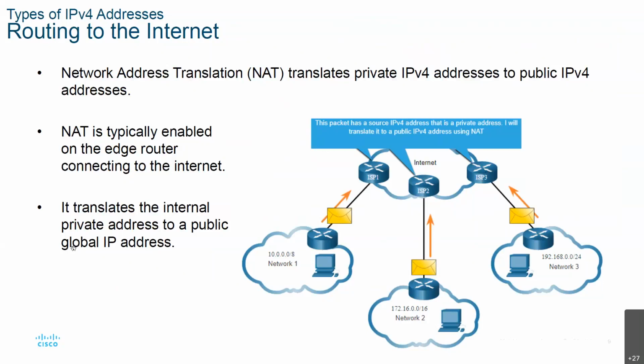So what does NAT do? It translates the internal private address to a public global IP address. So you can have NAT enabled on these routers so that whatever IP address you have here will be mapped to a global address.